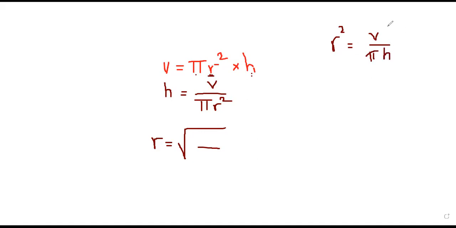So r squared will be volume divided by pi times h. But we are looking for r, so we have to keep it under the radical sign. For this reason, I said from the beginning, if you want to find r, it will be the square root of V over pi times height.